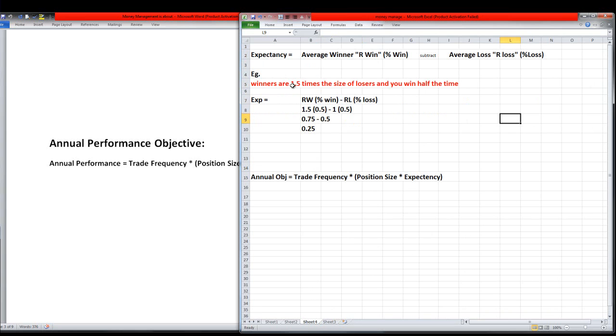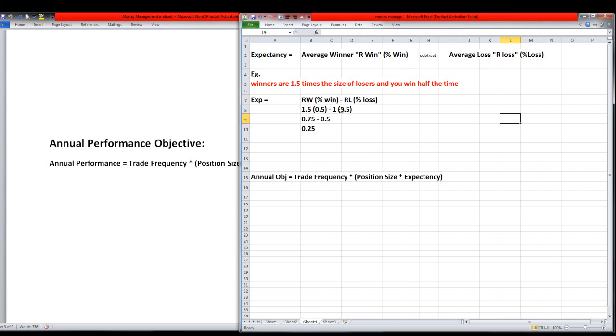So basically what we've determined here, our winners are 1.5 times the size of our losers. We win half the time. Okay, so our average winner is 1.5. Remember we worked out before, every time we win we're making 1.5 times what we're prepared to risk. Our average R winning situation is 1.5 multiplied by the fact that we win 50% of the time, so times that by 0.5.